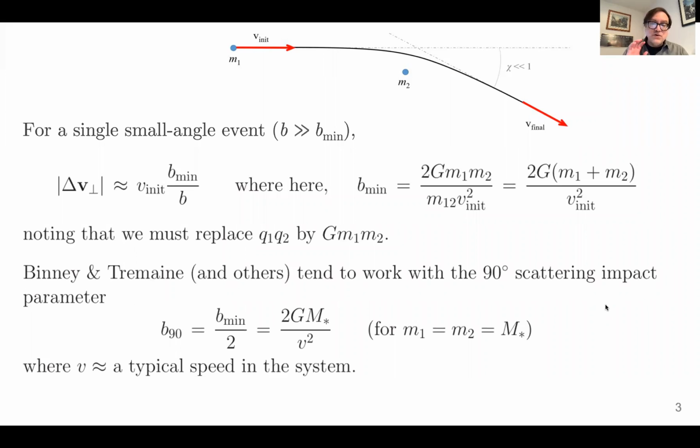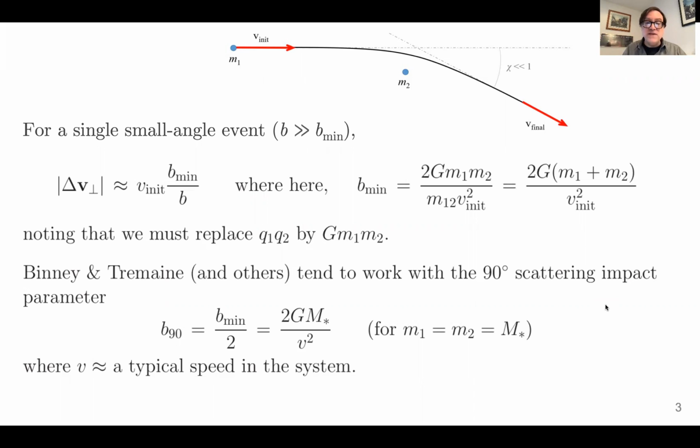In the gravitational world, the standard minimum impact parameter that we defined corresponded to a deflection angle of something like 53 degrees, almost 1 radian, just in the way that we defined it. If you look at a slightly smaller minimum impact parameter, basically our classical b_min divided by 2, that gives you a larger deflection angle of 90 degrees, and that tends to be the definition that gets used for the inner limit of the integral from b_min to b_max.